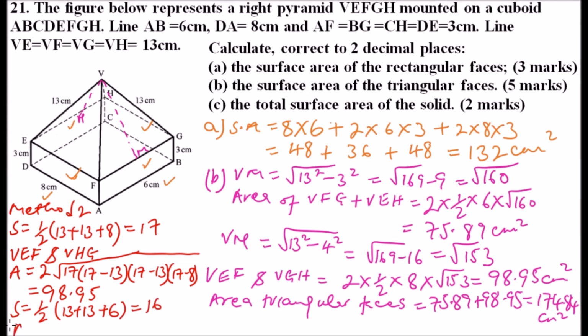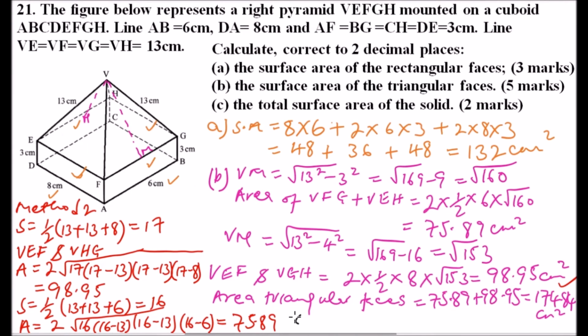So the area is equal to 2 times the square root of 16 into 16 minus 13, 16 minus 13, and 16 minus 6. When you compute, you get 75.89, which when you add the two, you still come up with the area that we obtained with the first method. So that's how you do that.